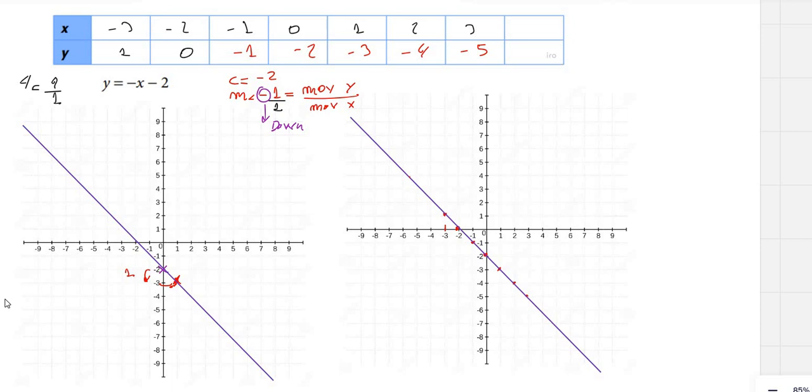So it depends whether they tell you in the exercise to draw a table with all the values of x that I'm considering, or simply they give you an equation and then you can draw the graph just by using the value of c. Remember, the value of c is the one that is not linked with the letter x. And in this case, the steepness is, since there's a minus, it's -1, okay? It's one movement in y and one movement in x. And since it's negative, you move down. It depends on the exercise.